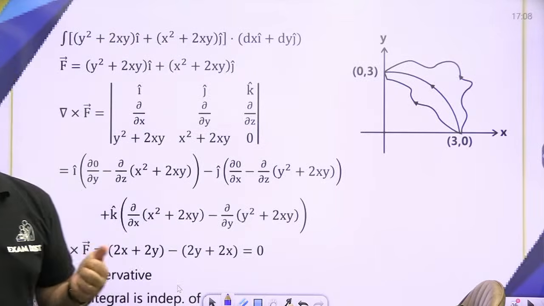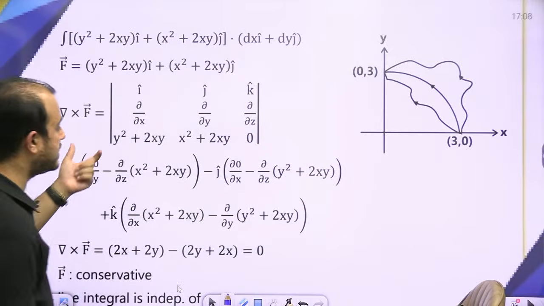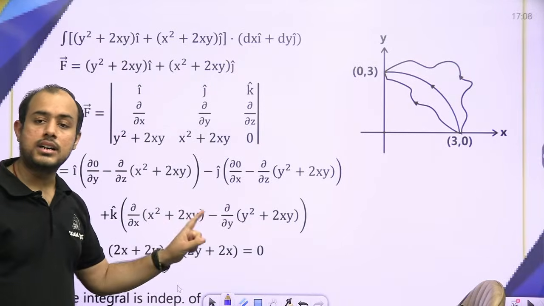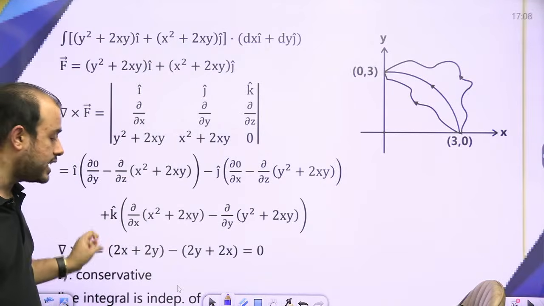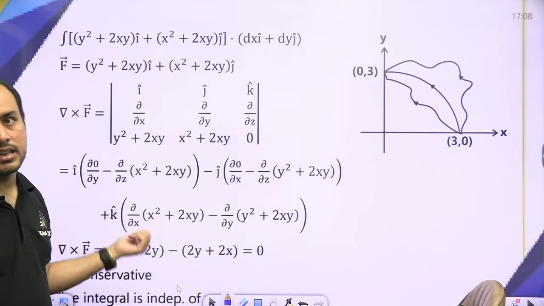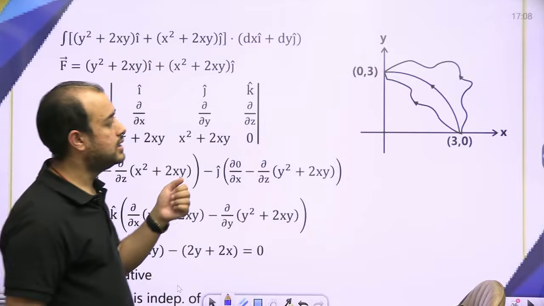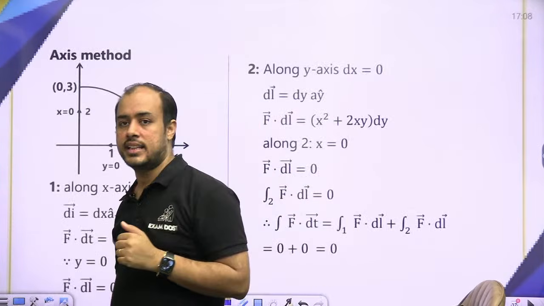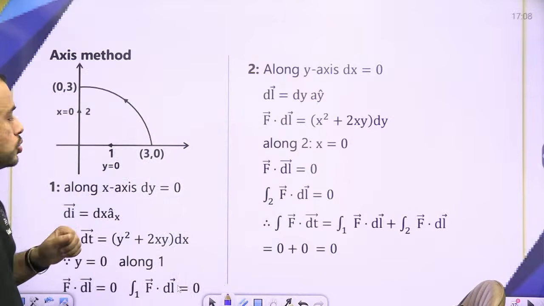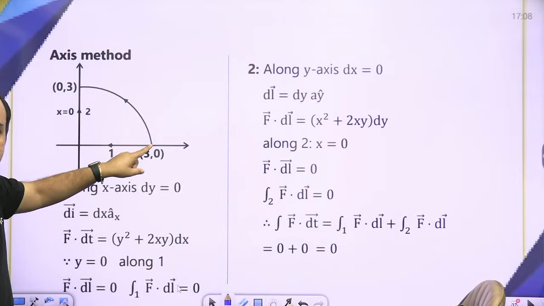Next beta, other thing, first you calculate the curl of this. Now the curl comes out to be 0. If the curl is 0, the vector field is conservative, and the line integral is independent of the path. So you can choose any path, you should be able to get the same result. So how to choose? First I will move along the x-axis.